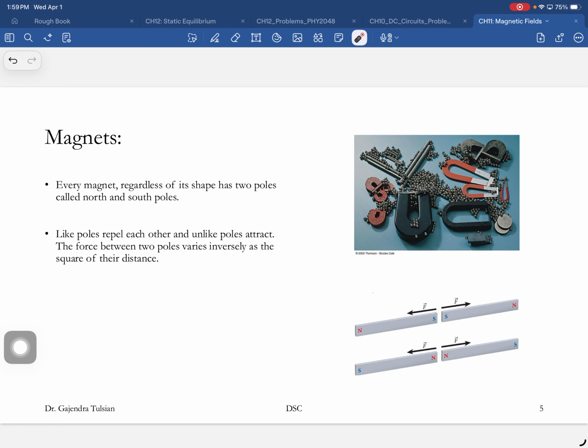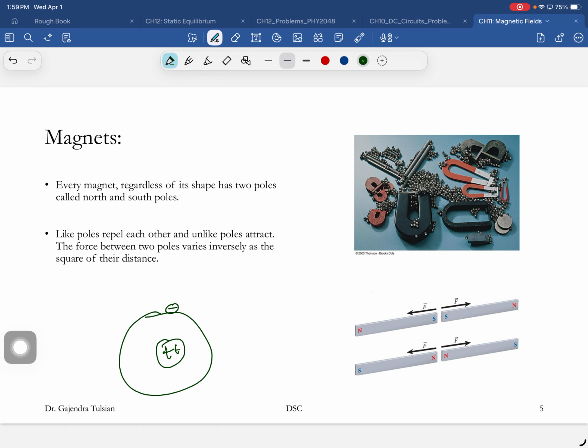Now, similarly, I'll draw a magnetic field. If you put a north pole there, and you can't buy a north pole by itself, the force on it will be in the same direction as the magnetic field. If you put a south pole, the force will be in the opposite direction.